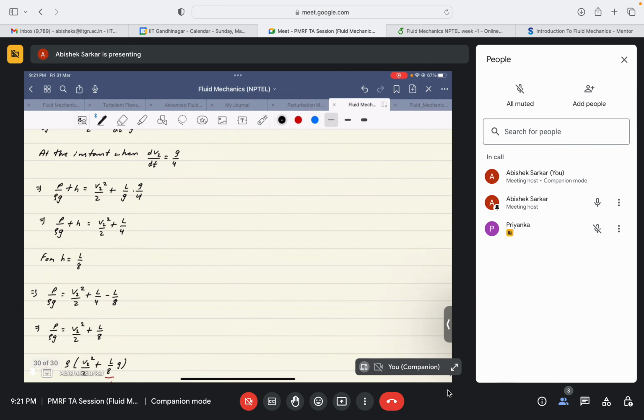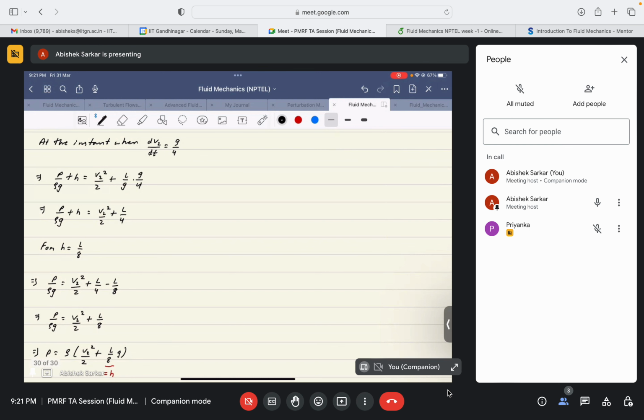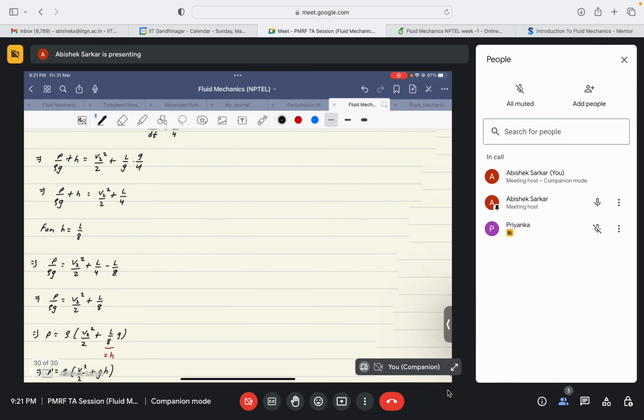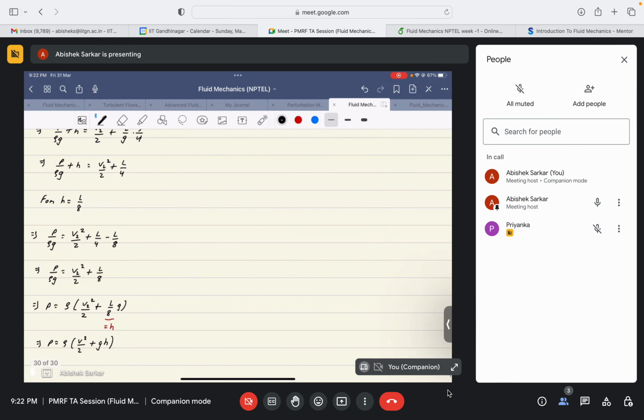They've told us to find the value of pressure when the height of the water in the tank is equal to L by 8 at that instant. So we substitute H equal to L by 8 in the equation, then we get P by rho g equal to V squared by 2 plus L by 8. Then we take rho g to the right-hand side, and we finally obtain this equation.